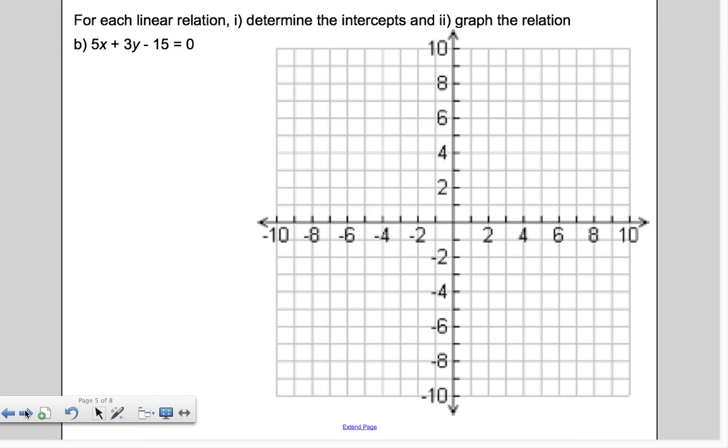So here's what you could try by yourselves. Find your two intercepts, and then graph the relation. I really mean there's an actual handout for this too. What did I do with it?